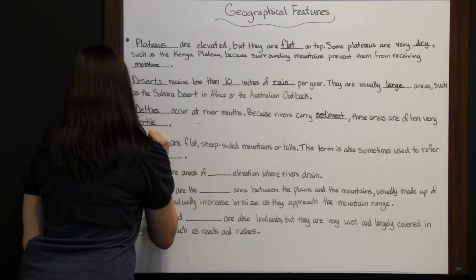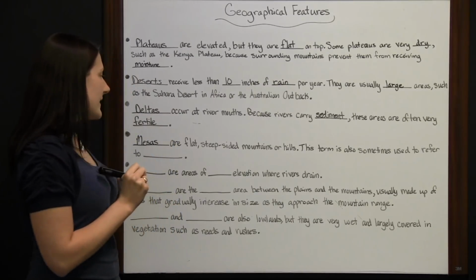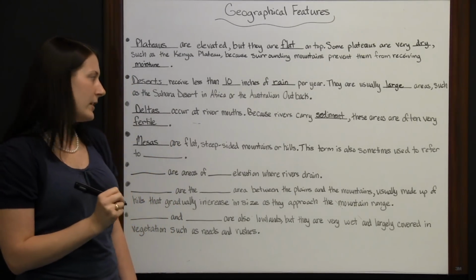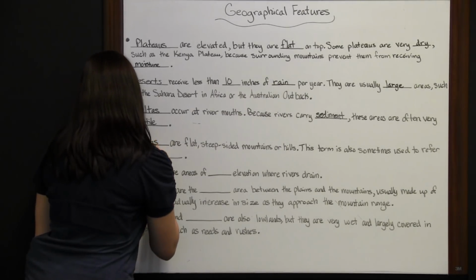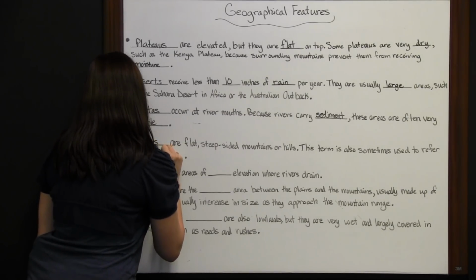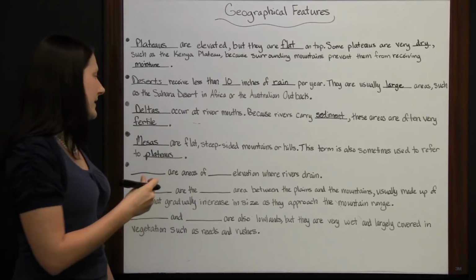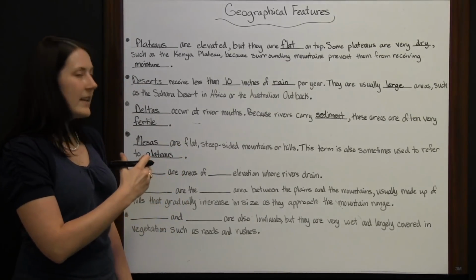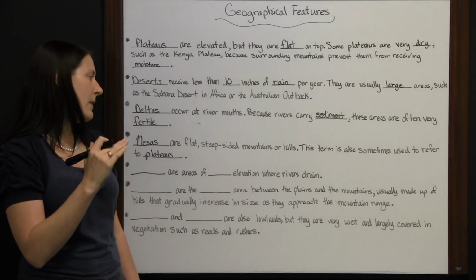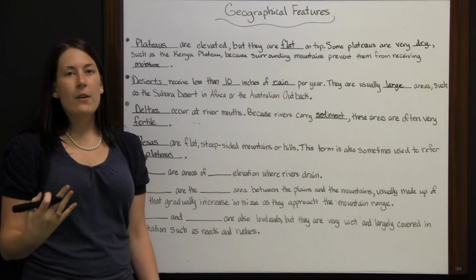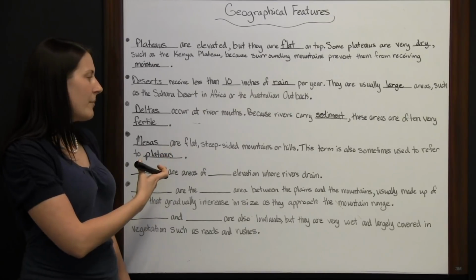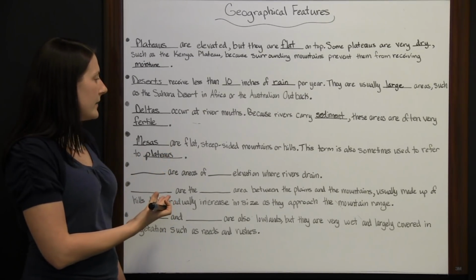Mesas are flat, steep-sided mountains or hills. And this term is also sometimes used to refer to plateaus. So a mesa is different in that it's at the top of a steep-sided mountain or hill, where plateaus could be elevated, but they don't necessarily have to be at the top of a mountain or a hill.